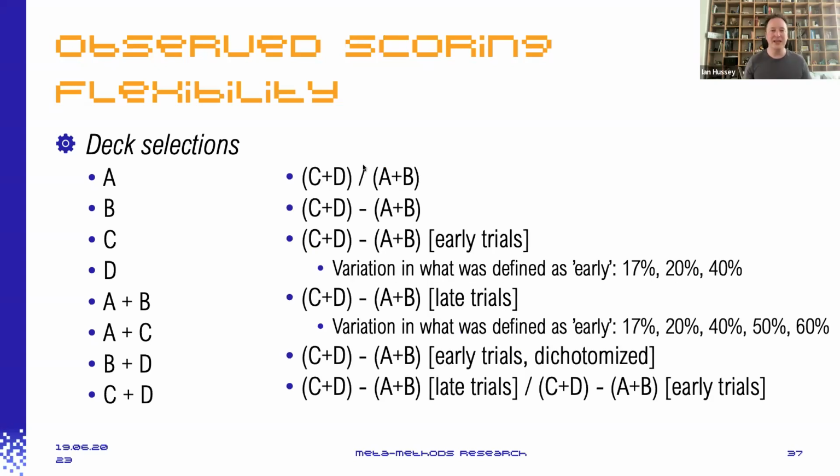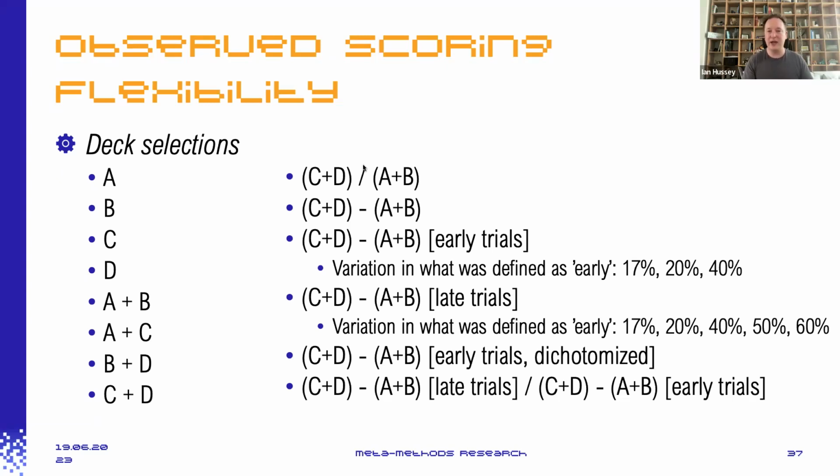And more again, you can calculate the proportion of good decks, those that tended to produce wins at a higher probability, which are decks C and D, as a proportion of the bad choice decks, or indeed the difference between them. Or you can do this only in the subset of early trials, and you can vary what you define as early.